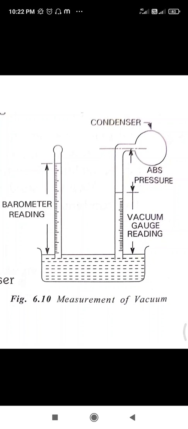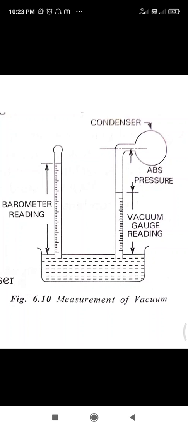Or in other way, we can say the vacuum in the condenser is equal to the barometric reading minus the absolute pressure. These are two ways we can calculate the vacuum pressure.